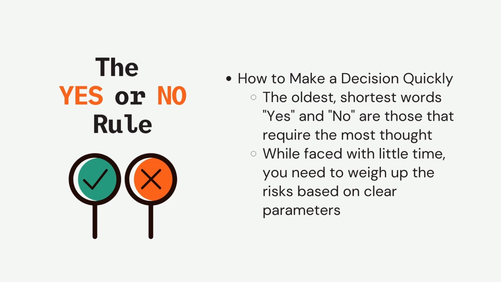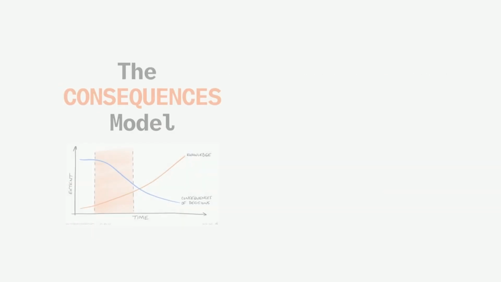Etc. The yes-no rule is based on clear parameters, something that can be beneficial not only in medicine but also in management, private life, or even politics. Actually, the oldest and shortest words, yes and no, are those that require the most thought. So these have been used by many people to arrive at a quick decision.